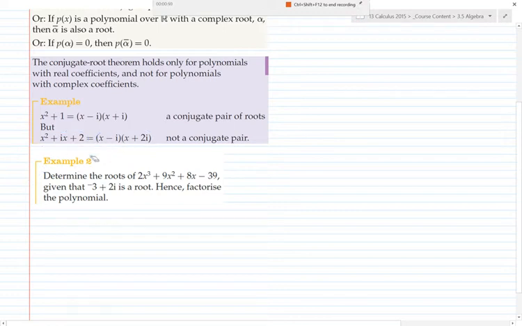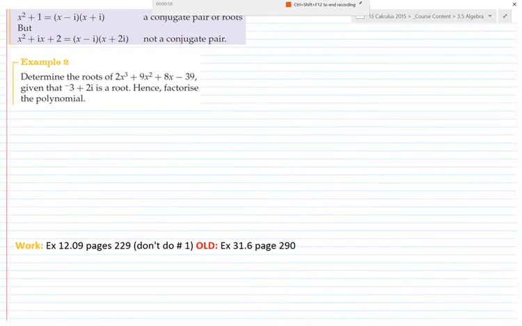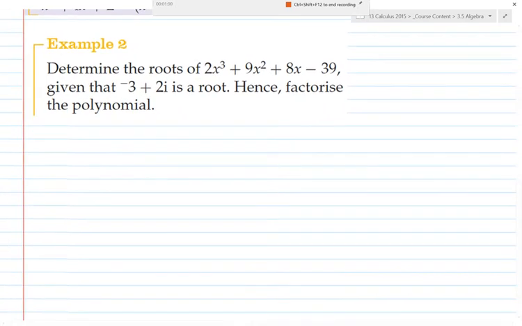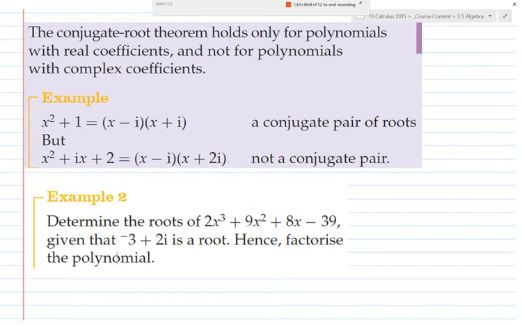Now this becomes quite useful when we are solving or factorizing quartics. So in this example here, it's asking us to determine the roots of this cubic, given that this is a root. Let's consider what we've just learned, which is if we have a conjugate pair, then our polynomial has real coefficients.